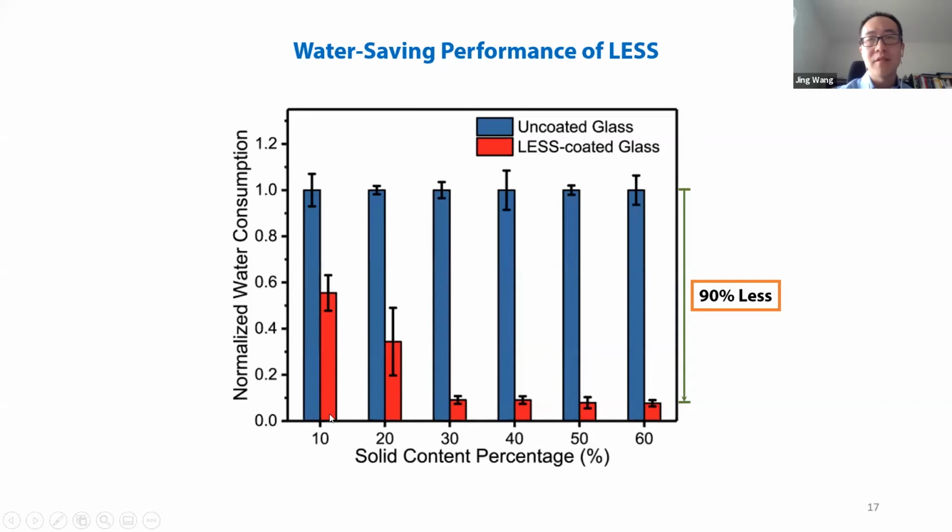Because it's watery, when it comes into the water, it doesn't take much water to clean the uncoated surface. So that's why you see not much reduction in water, but intrinsically it's very easy to clean. So the problem is here, and we can reduce 90% of the water.